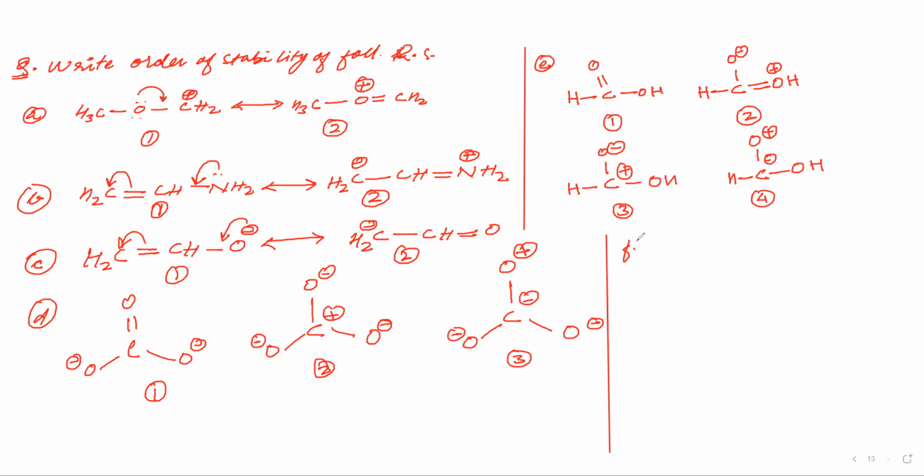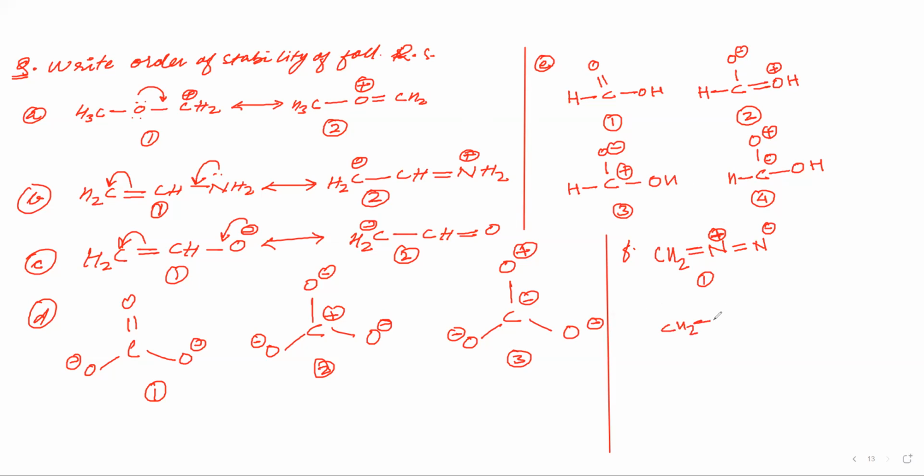Last question, F. CH2, double bond N, double bond N, and let us write it here, negative charge, positive charge. Now this negative and positive would be familiar because this nitrogen has 4 bonds. This is the first structure.